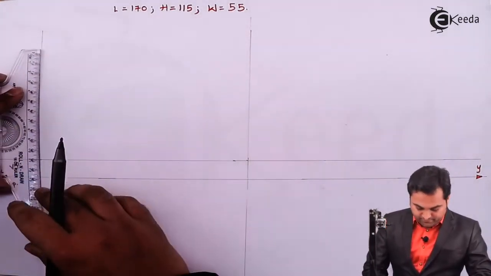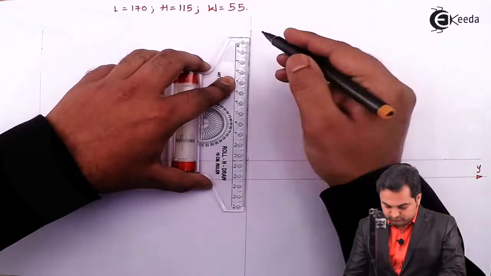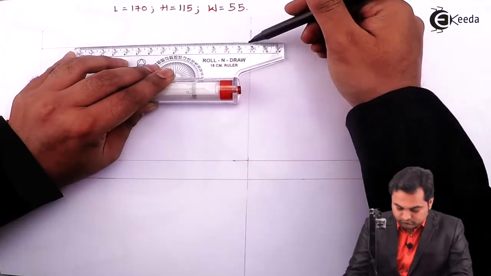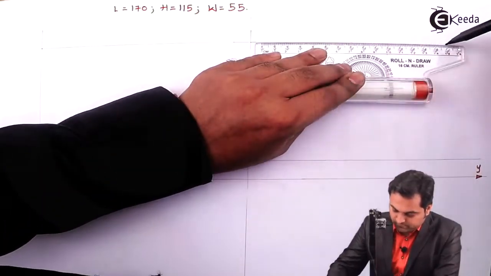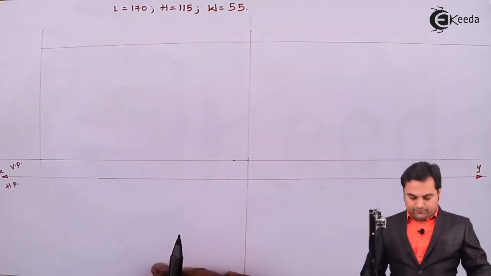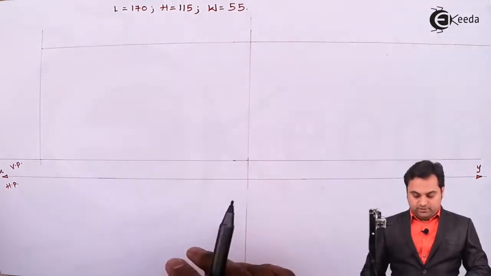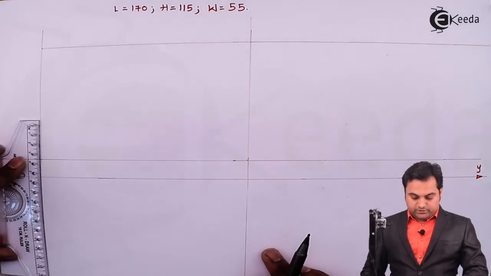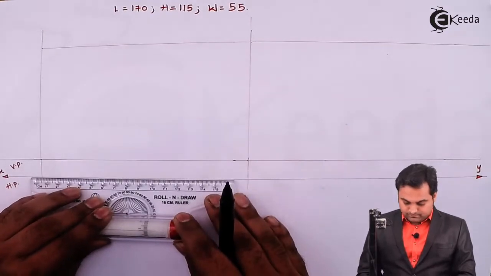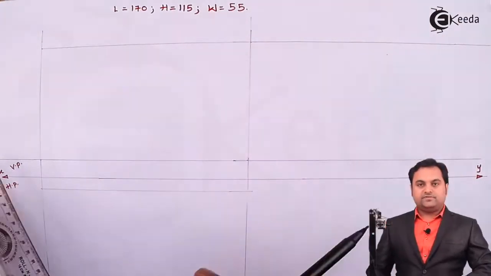Height is 115 mm. Just below the front view there will be top view, and from the top the height is not visible but length and width are visible. So I'm projecting the length downwards. Width is 55 mm.